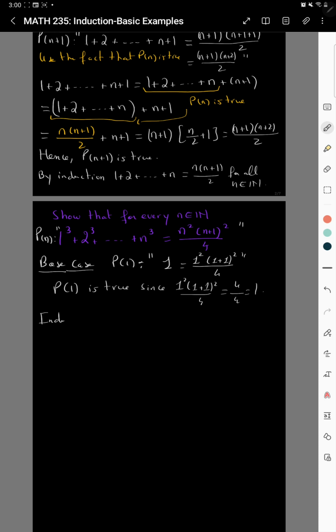Now we do the induction step. What does the induction step say? It consists of assuming that P(n) is true for some n in N. We'll show that P(n+1) is true.